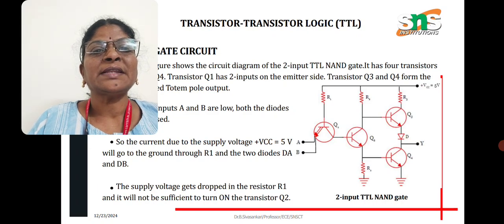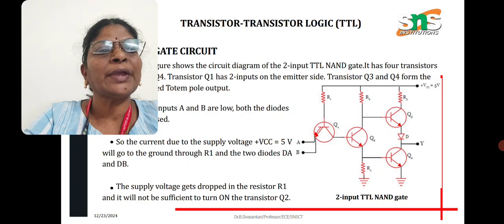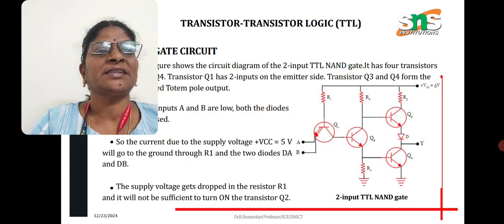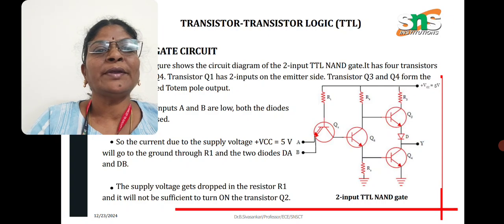So the transistor logic gate circuit here shows the two input TTL NAND gate. It has 4 transistors, Q1, Q2, Q3, Q4.